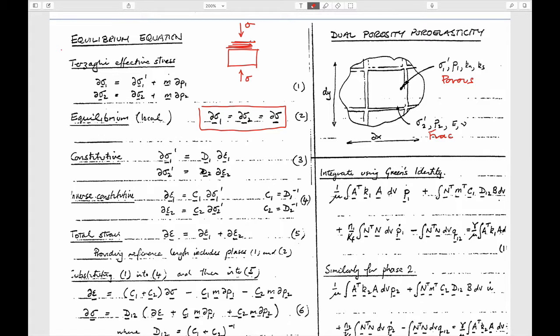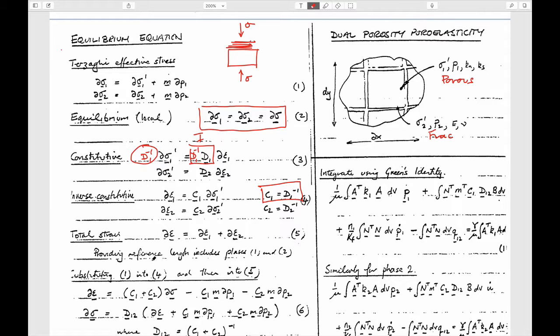So in other words, if we multiply this by D minus 1 and D1 minus 1, then this term is here. This is what we're calling a compliance matrix. And the product of these two is just the identity matrix. So we're just inverting this to get strains as a function of stresses instead of stresses as a function of strains. That's all we've done.